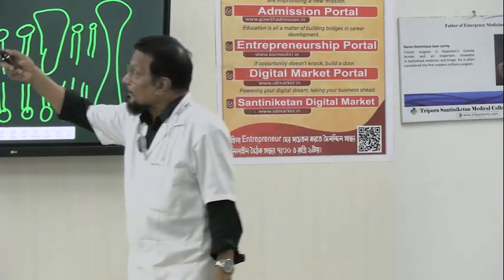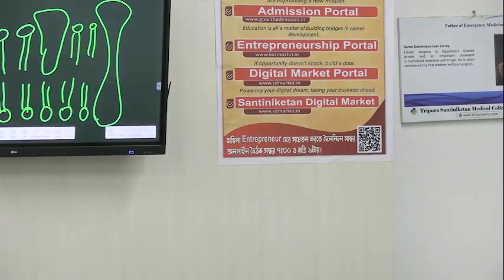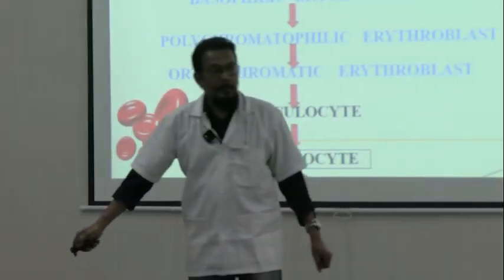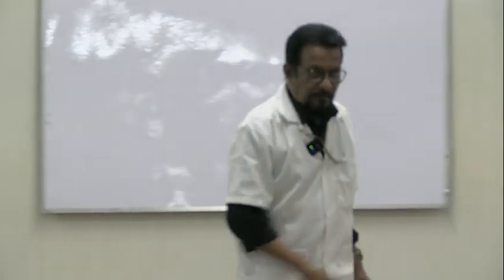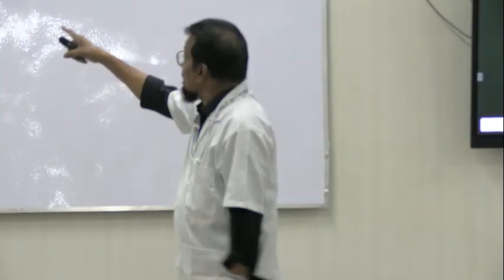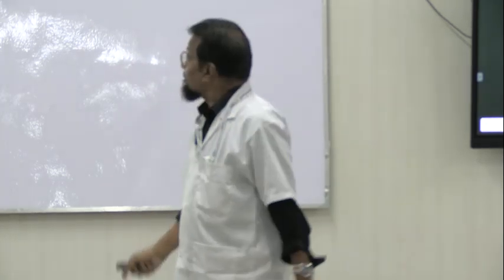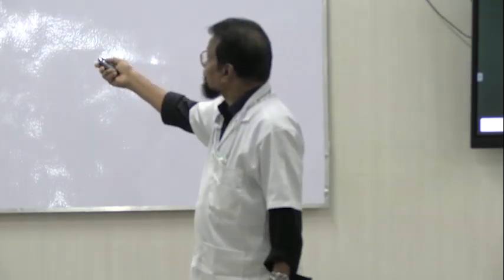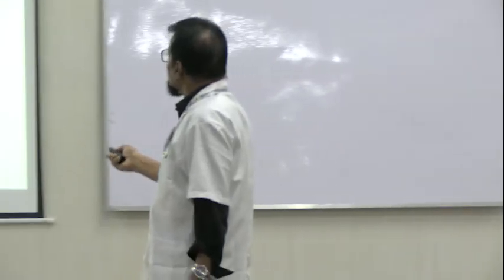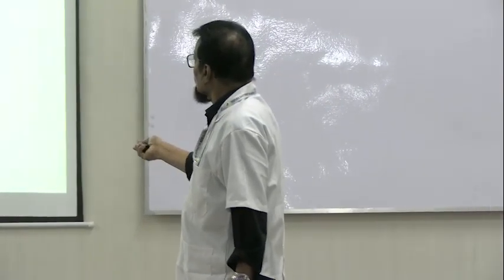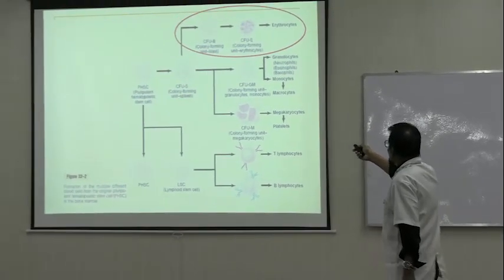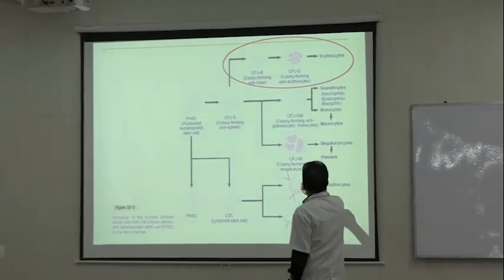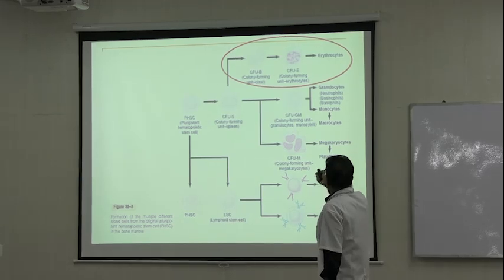And another factor is GM-CSF. Another factor is GM, granulocyte macrophage. Granulocyte, right? Granulocyte macrophage committed colony forming unit.